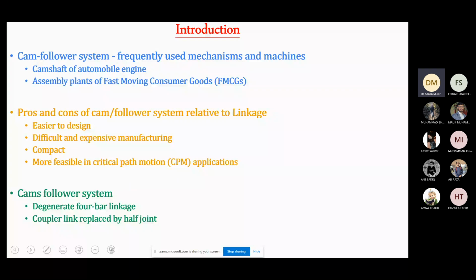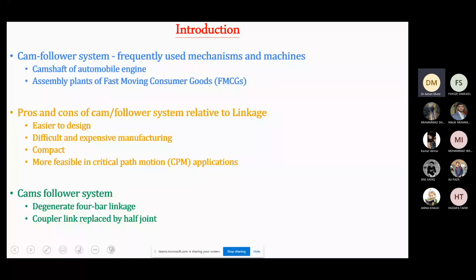And it is more feasible in critical path motion applications. We'll be formally defining critical path motion as we move on. But for now, just remember that critical path motion applications are those in which we want better control over the motion profile or path profile of the mechanism.